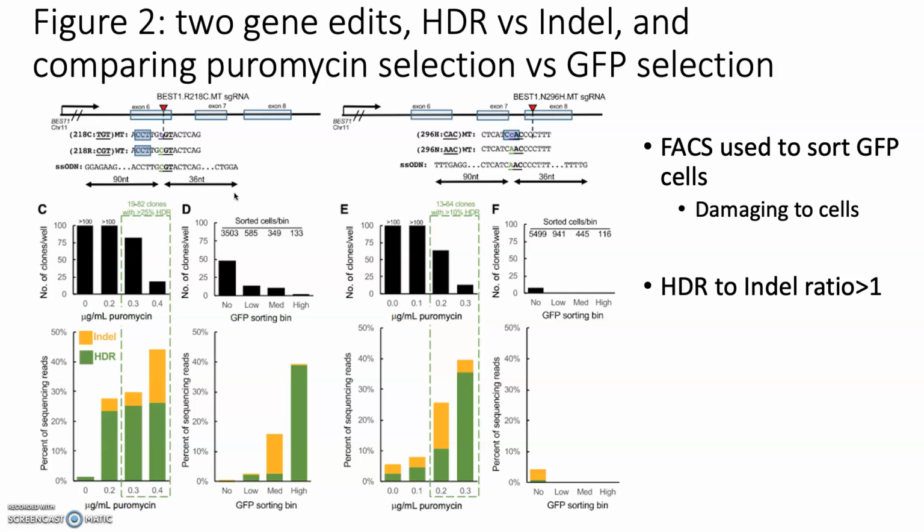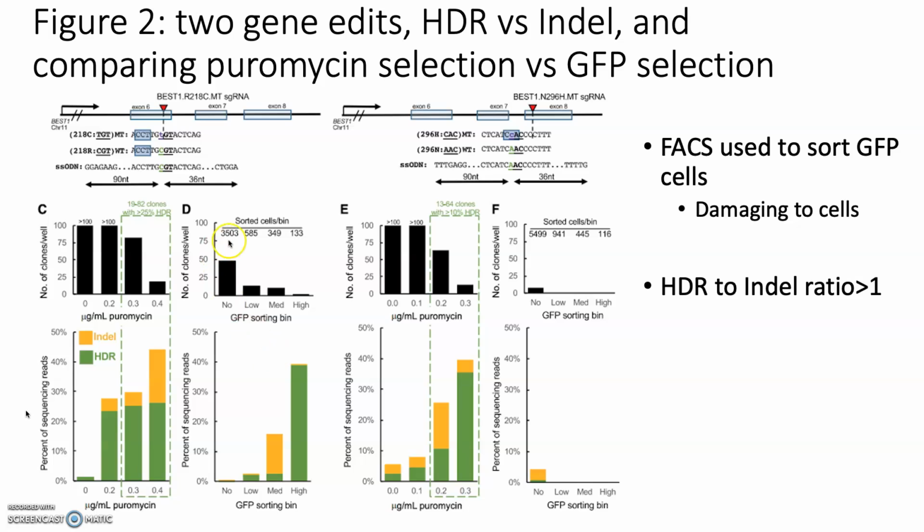In this case, you see that the number of colonies in the well is highest when GFP is lowest.